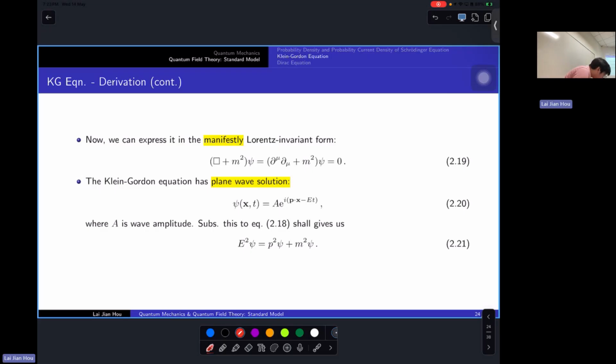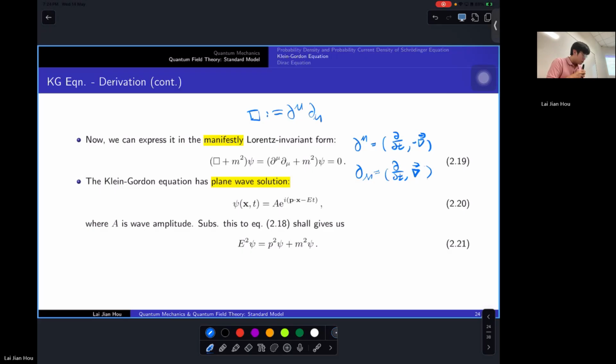It defines the square here, and maybe I should write it down. This one is contravariant for derivative, and this one is covariant for derivative.